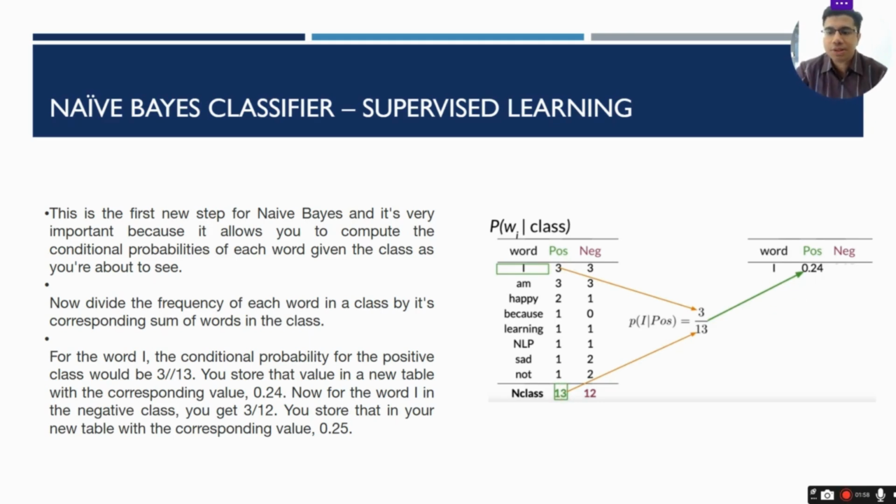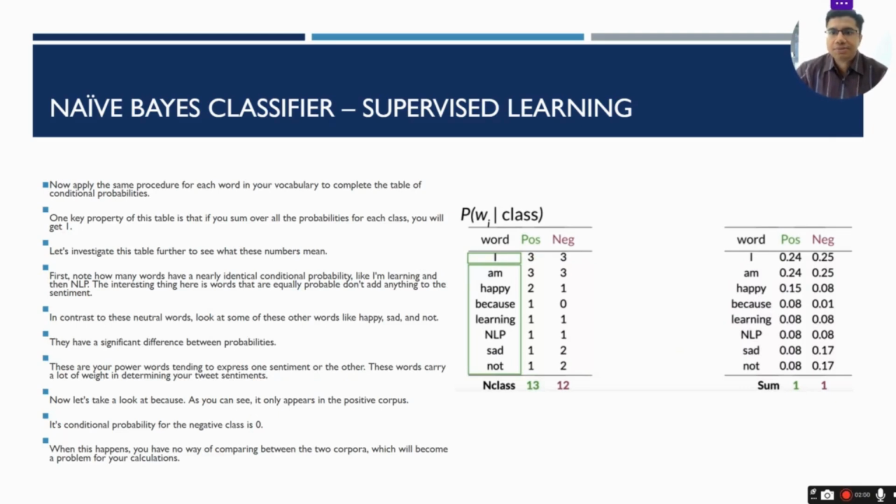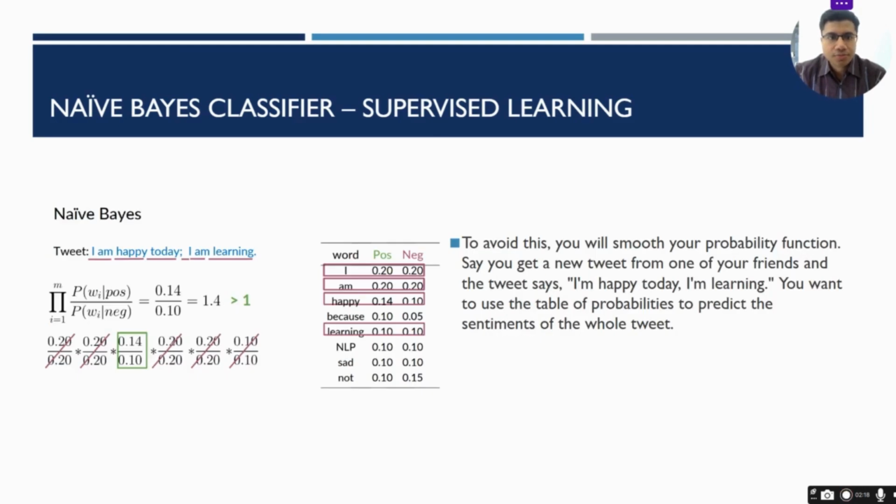That gives the probability, and with this we have calculated the probability of being positive as well as negative for all the words, which makes it simple for us to calculate the log likelihood for a sentence. So for one example sentence, I am happy today, I am learning.